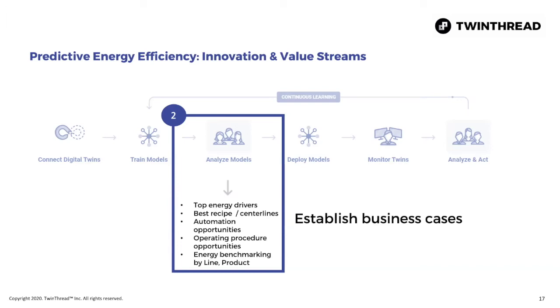So part of this process is understanding what the top drivers are, but also which of them could actually be manipulated or improved, and what their impact on energy savings is. This is really about establishing a priority list of energy problems to go solve, and a priority list of business cases that are going to save energy.